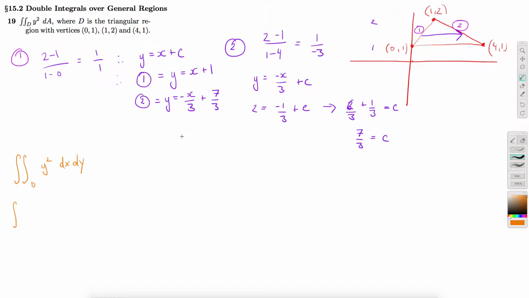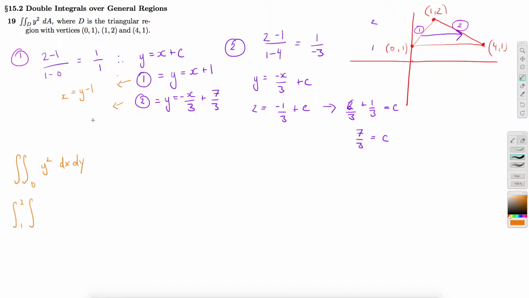Yeah, so y exists between 2 and 1, and x exists between... you're going to have to put these in regards to y. Right? So this is going to become x equals y minus 1.